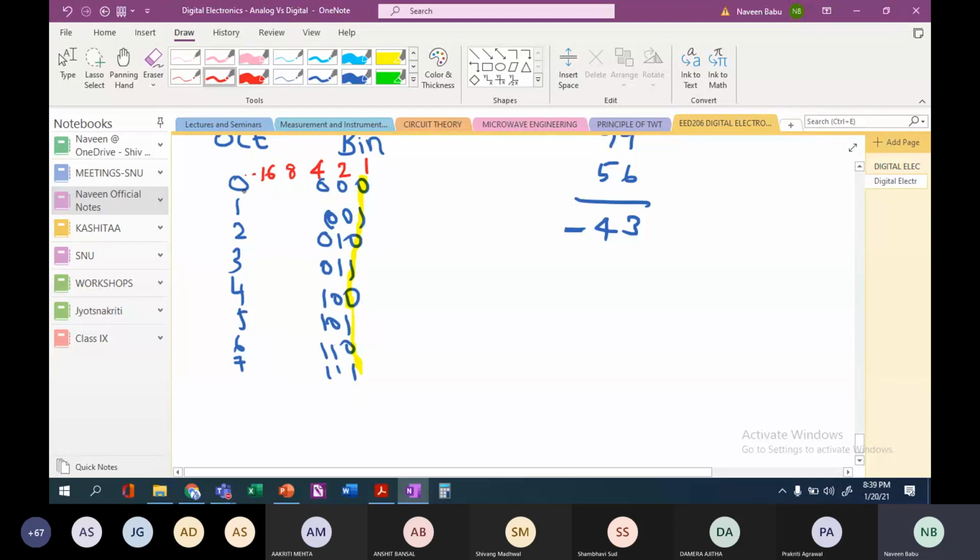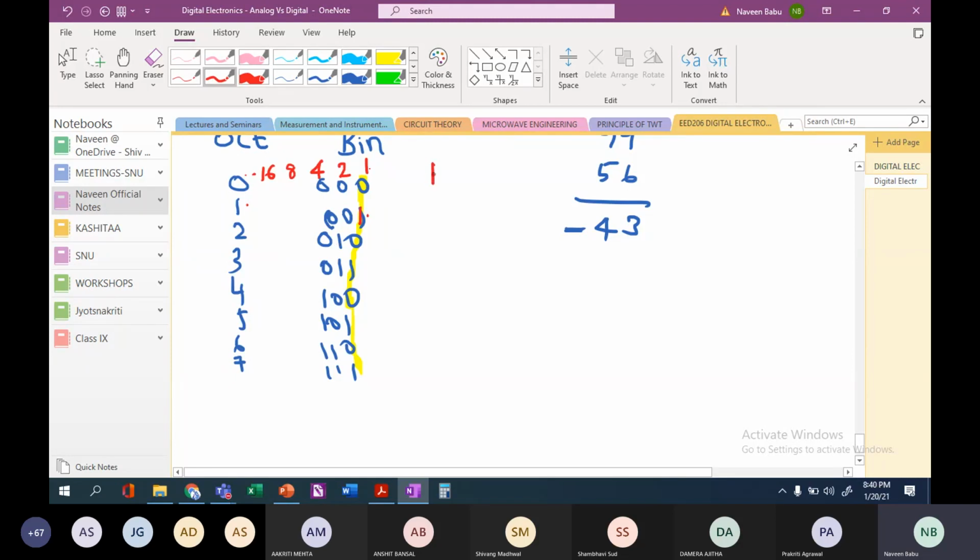Since we require only three binary digits to represent the octal number system, these are the positional values. So 0 is represented as 000. 1 we can represent with just 1, which means this 1 multiplied by this 1 will get you 1. And we need 2.